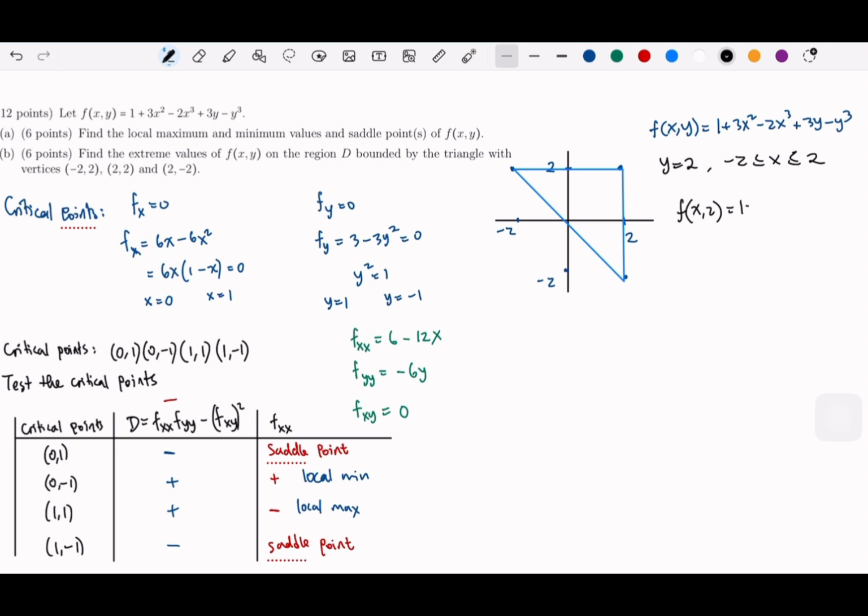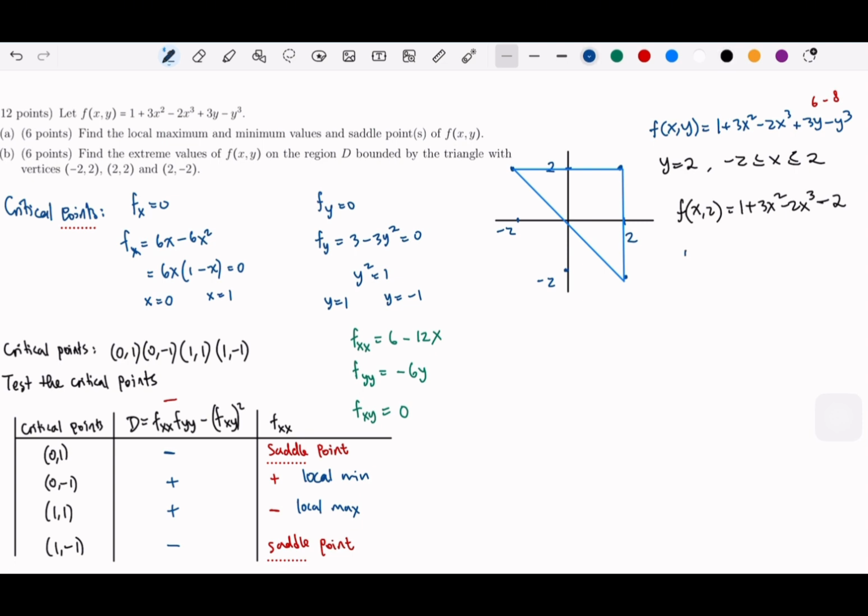So 1 plus 3x squared minus 2x cubed, and then this will be 6 minus 8, right? So -2. Maybe to make it easy, I will take the new function as g.